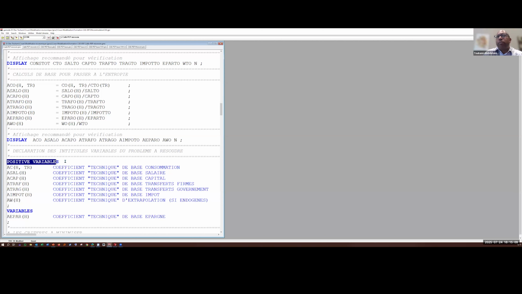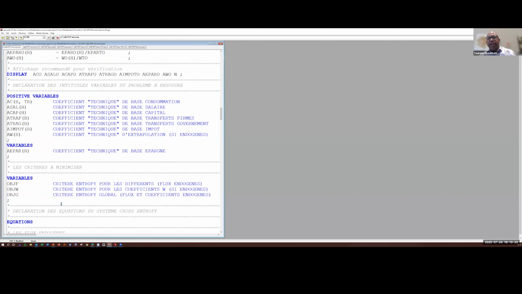So here I post positive variables because all those must be positive, and this one can be negative. I put it outside. It's a variable. I finish with this semicolon, and after that I did exactly the same thing, but in this situation with a variable that is not positive, because the saving can be negative. Is there any question? Good.